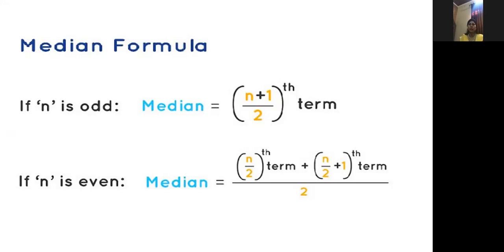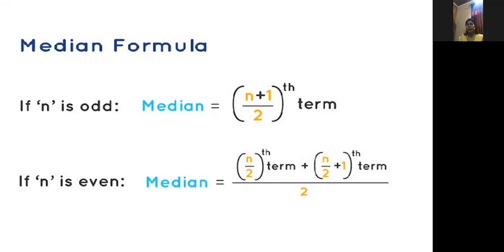After that, we check whether the number of observations given is odd or even, because the formula is different for each.